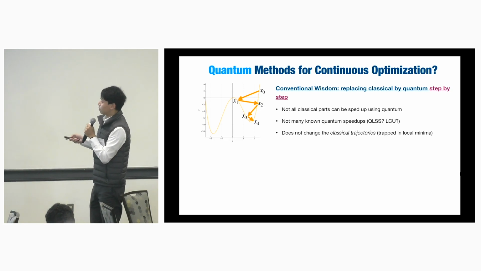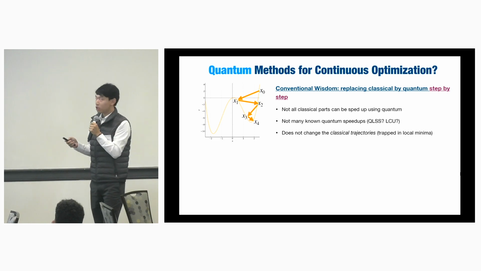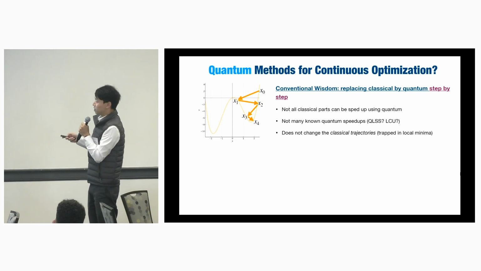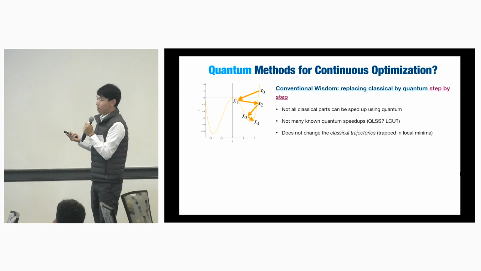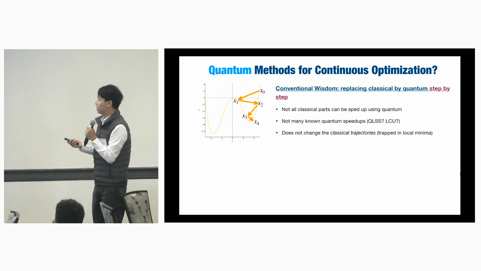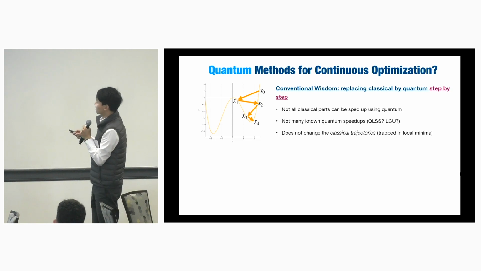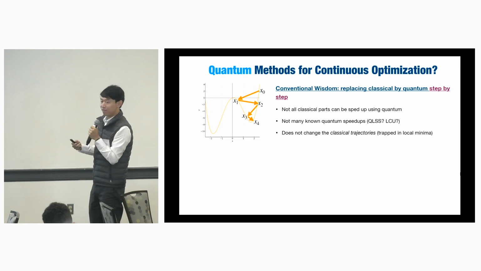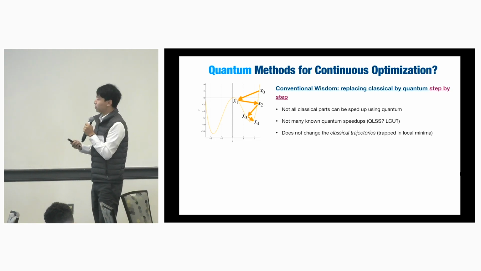For example, if we think about this classical iterative search, maybe we can just replace each update step with some quantum subroutines. For example, you can think about quantum linear system solvers for Newton's method, or even linear combination of unitaries to give you faster additive updates or something.